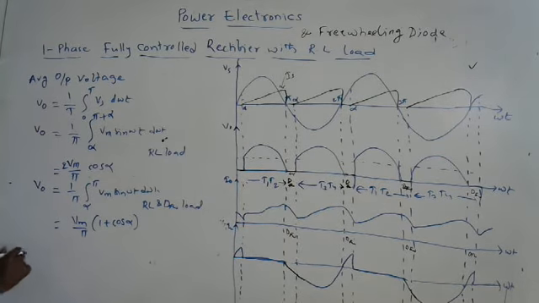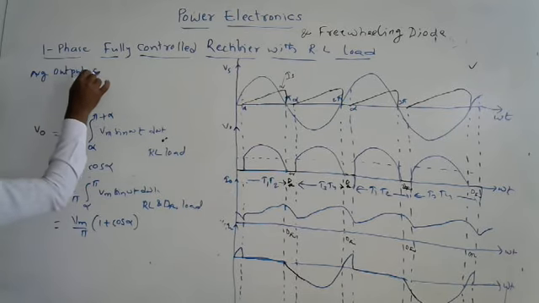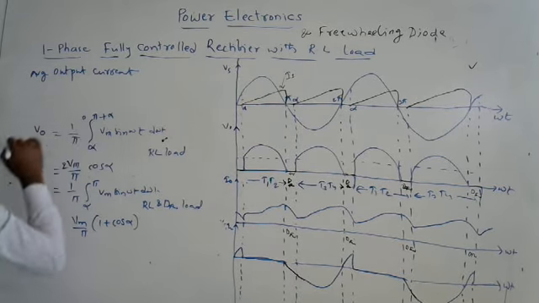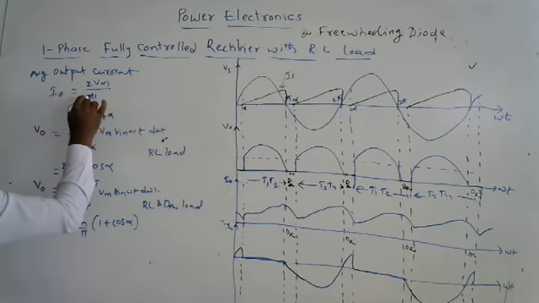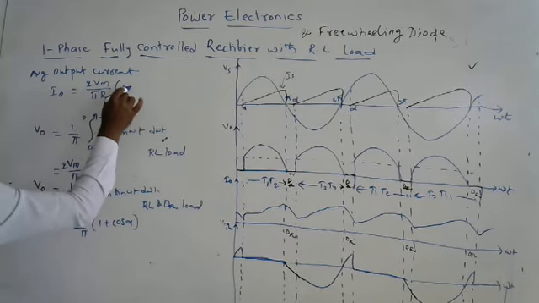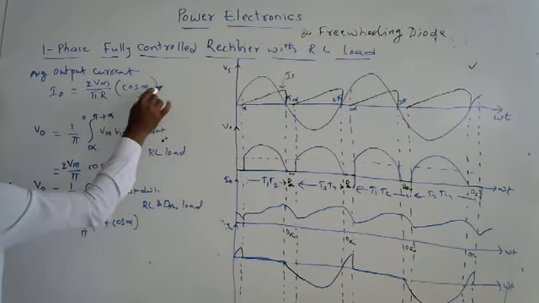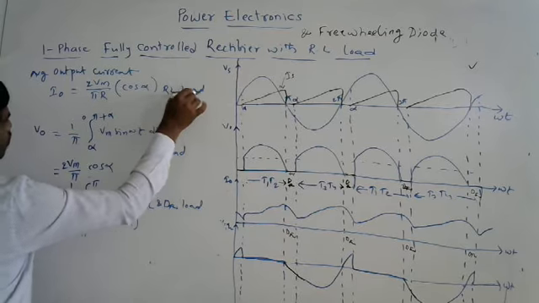Then when you see the output current, take the average output current. Average output current I naught is equal to, first write down for RL load, 2 Vm by pi R cos alpha, it is for R load, right?